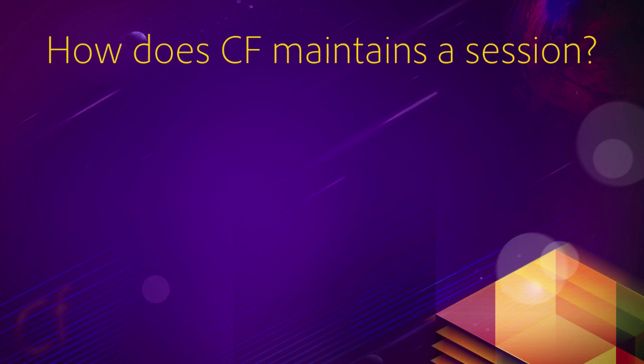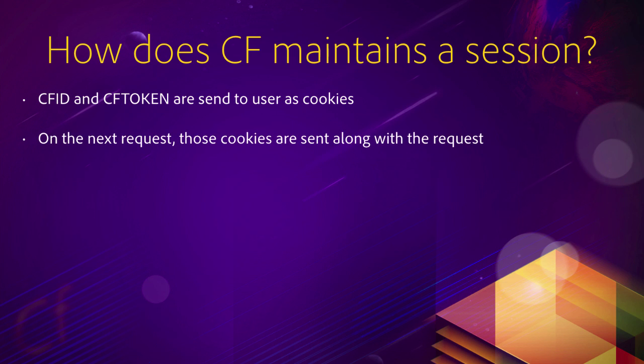Now, how does ColdFusion maintain a session? Do you remember those two variables, CFID and CFToken? Well, those two variables are sent back to the user and are stored as cookies on the client computer. On the next request, those two cookies are sent along with the request to the server.